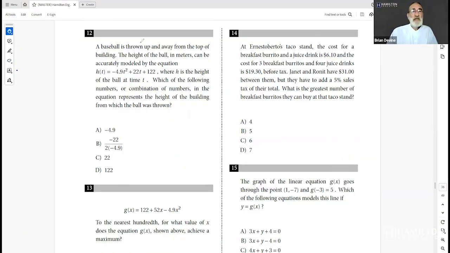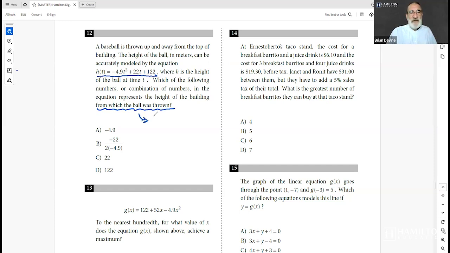Question 12. A baseball is thrown up and away from the top of a building. The height of the ball in meters can be accurately modeled by this equation, which you've probably seen this type of equation a bunch of times in class, where h is the height of the ball at time t. Which of the following numbers or combination of numbers in the equation represents the height of the building from which the ball is thrown?